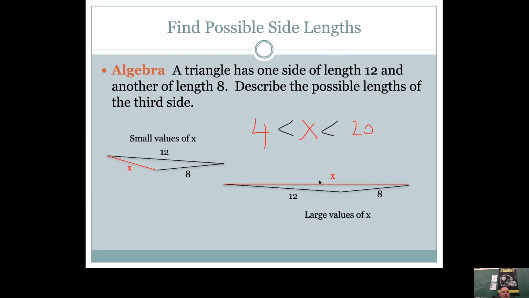Also, x needs to be less than 20. It can't be 20 because 12 plus 8 is not bigger than 20. But if it's less than 20, like 19.9 or 19.2, then that works. Your x values, the third length, needs to be in between these two values. Bigger than 4, but less than 20.